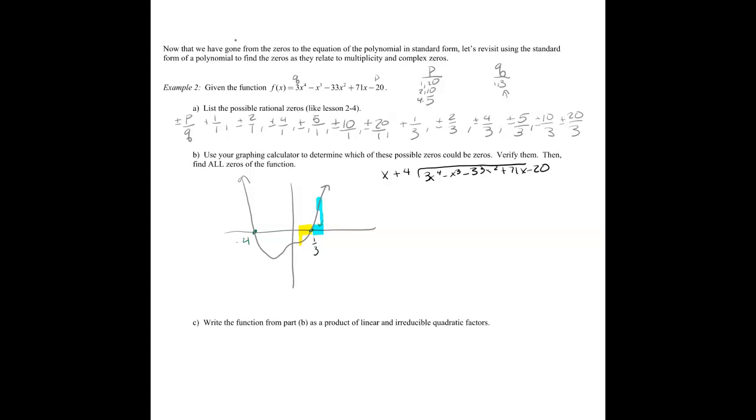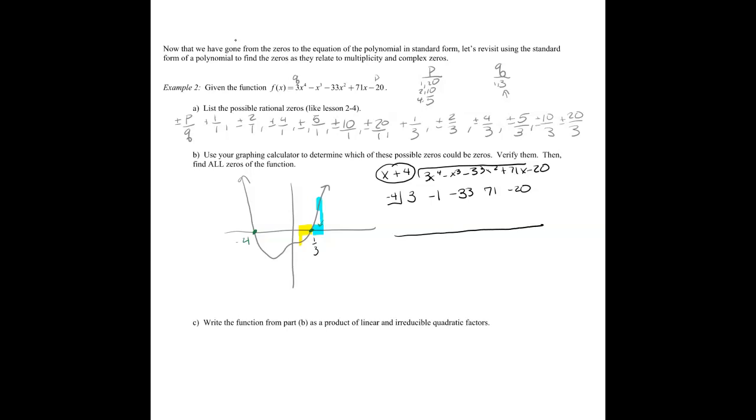Or we can remember this is a linear term with just a 1 out in front of the x, so I can use synthetic division, which is that -4 thing, and then I've just listed my numbers: 3, -1, -33, 71, and -20. It's basically the same thing, it just takes less time. As long as your factor is linear and only has an x out in front, I can use synthetic division. And since we're going to be using division a couple times, I would recommend it.